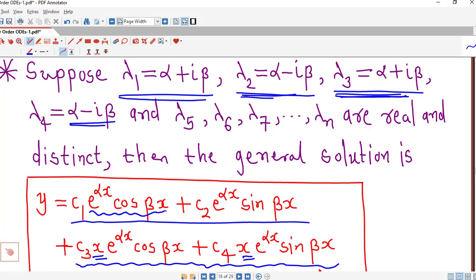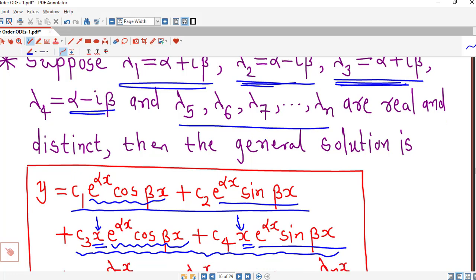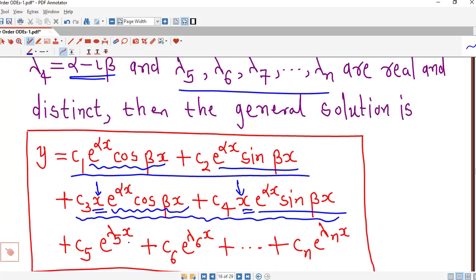So e raised to alpha x cos beta x is there here also, so to make them different, here we have multiplied by x. Similarly here also e raised to alpha x sin beta x is repeated, so we multiply by x, and the remaining roots are different. So we have c5 e raised to lambda 5x, c6 e raised to lambda 6x, and cn e raised to lambda nx.